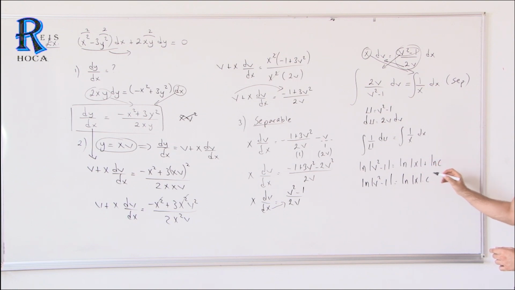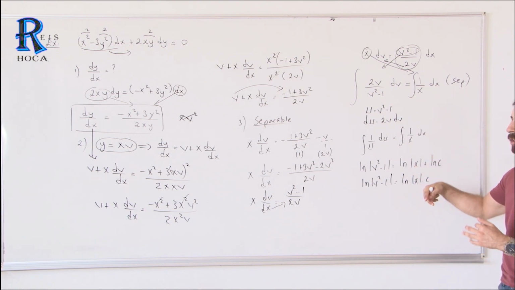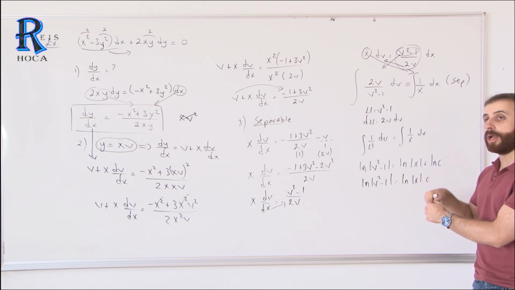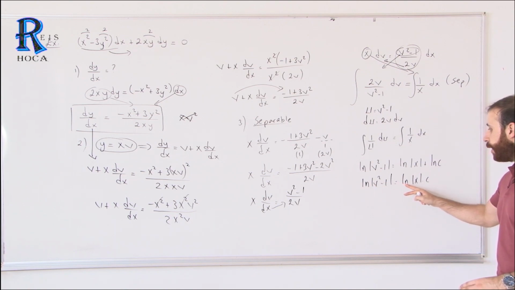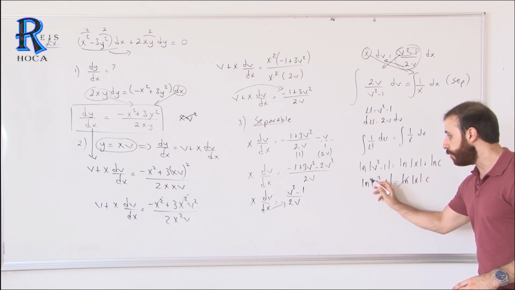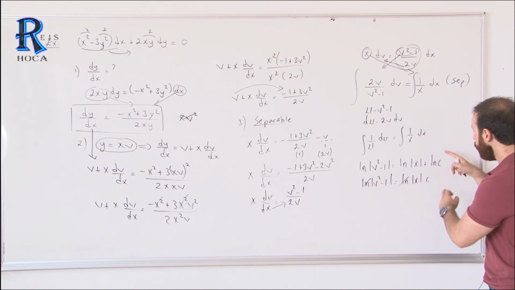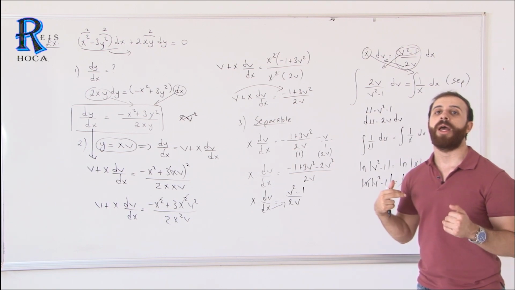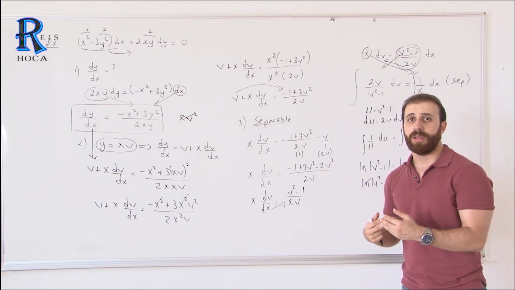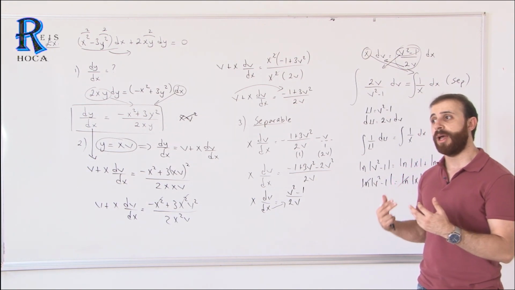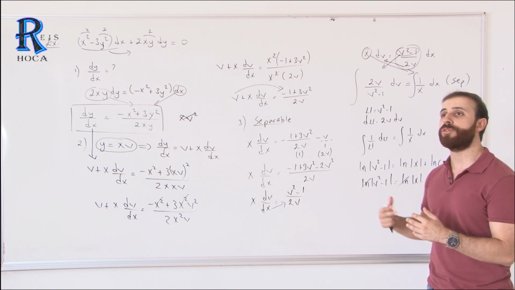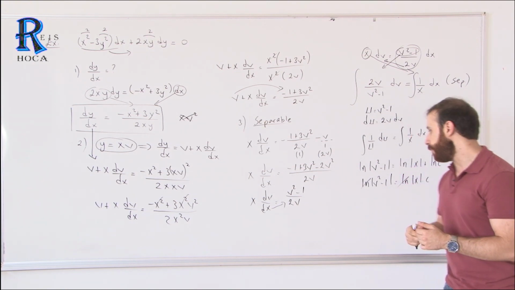We know the formula: if we have two logarithmic functions as addition, we can write them as one logarithmic function as multiplication. This is important. So on the left side 1 ln, on the right side 1 ln, you can remove ln. Of course, instead of ln c, if you put c, it will again be correct. But to obtain a better-looking solution in mathematics, it is better for us to remove the ln terms. That's why we are doing this.